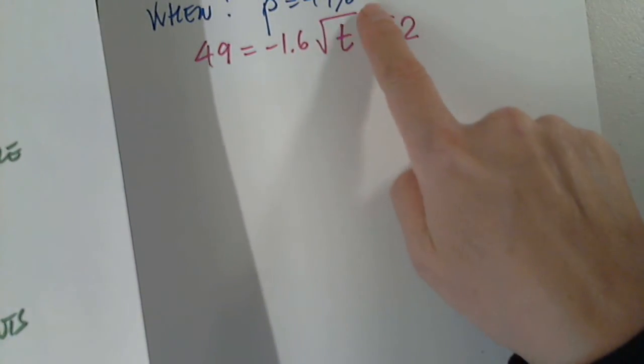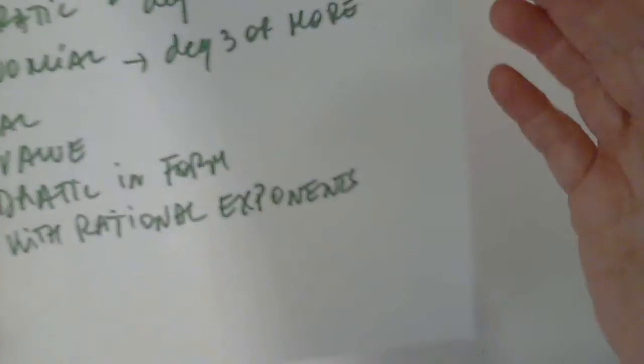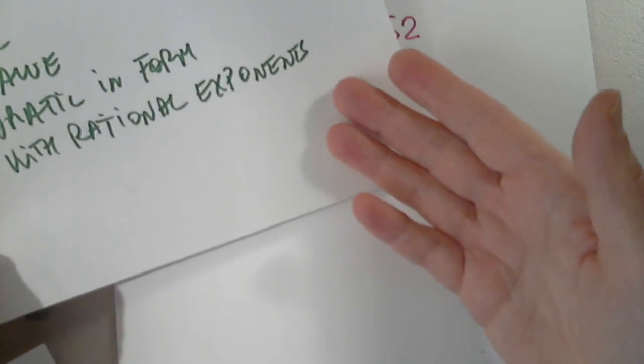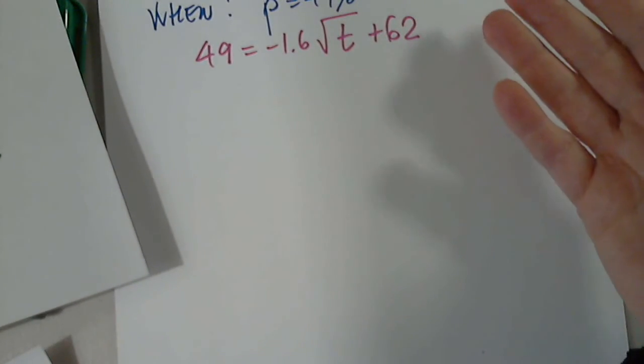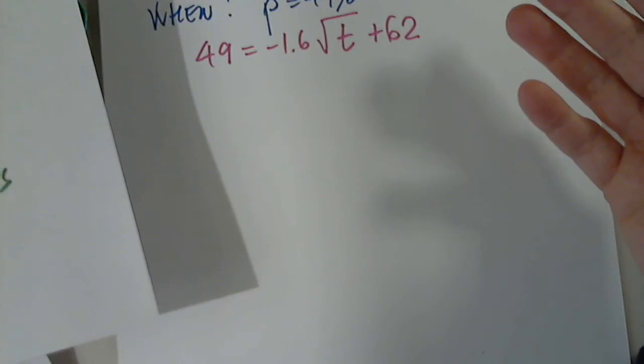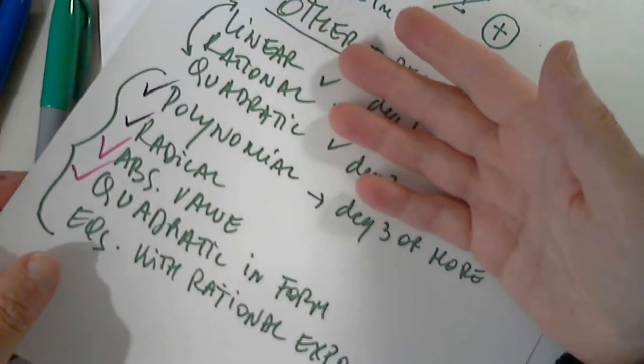Is it absolute value? No. Is it quadratic in form? No. Does it have rational exponents? You can say yes, in a way, because it does, but we don't see them. So it must be radical. It has to be one of these.